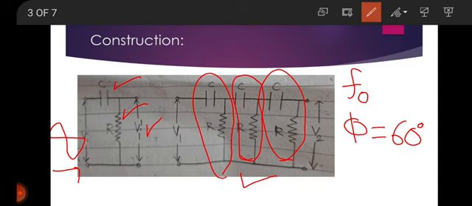Thus the total phase shift of 180 degrees is produced by these three RC sections, that is the RC ladder network.